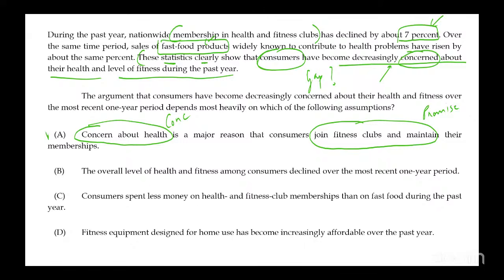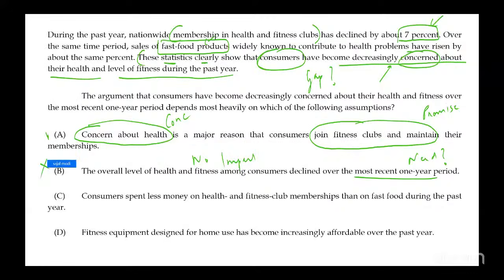Actually, no. The question to option B is, are you really needed for the argument that this happened over the most recent one year period? No, right? I'm saying no impact. Does it really connect decline in membership to concern about health? Not really, right? B is not required.